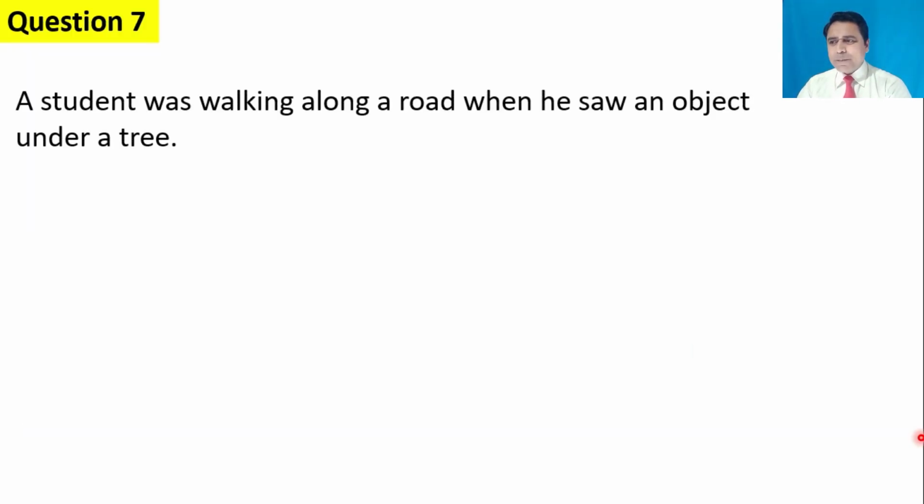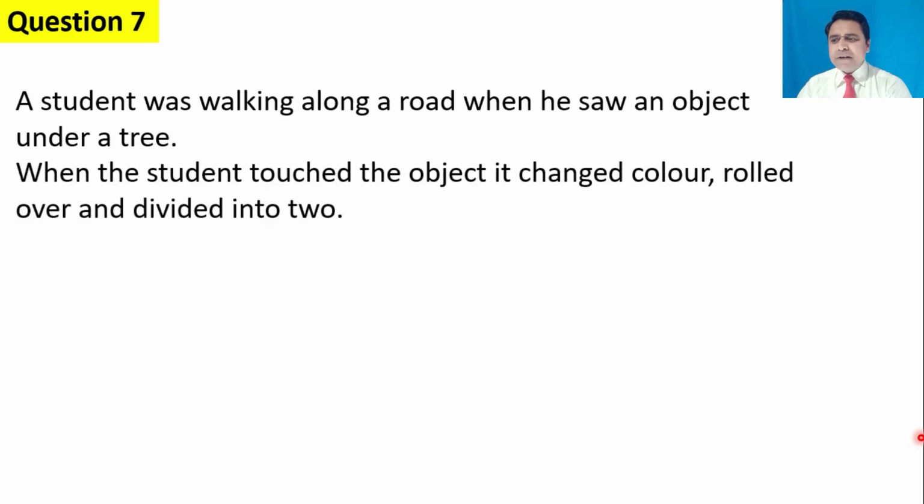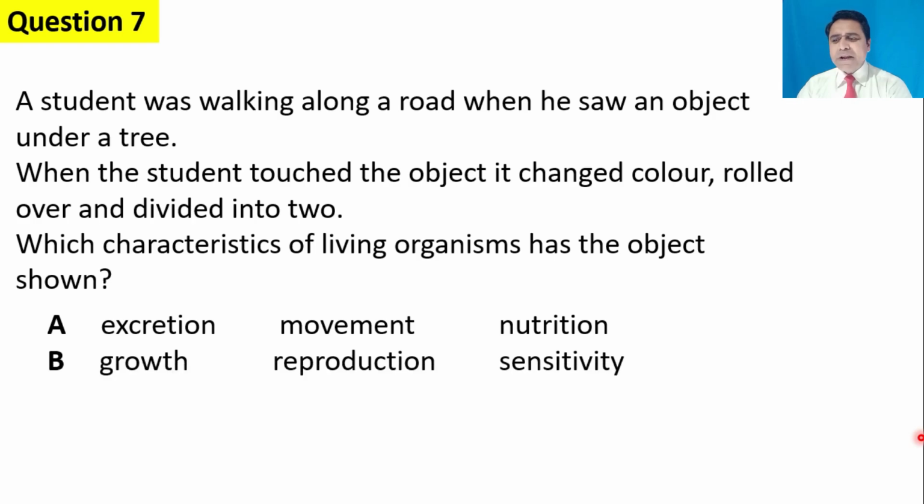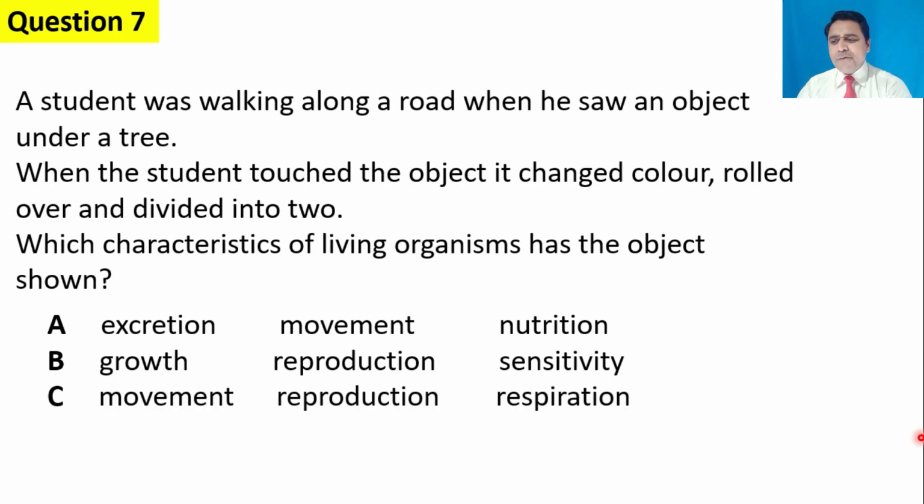Question 7. A student was walking along a road when he saw an object under a tree. When the student touched the object, it changed color, rolled over, and divided into two. Which characteristics of living organisms has the object shown? Option A, excretion, movement, nutrition. Option B, growth, reproduction, sensitivity. Option C, movement, reproduction, respiration.